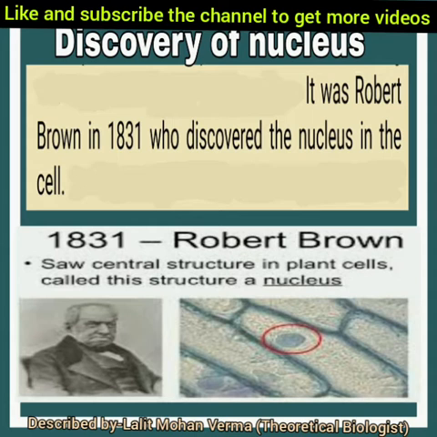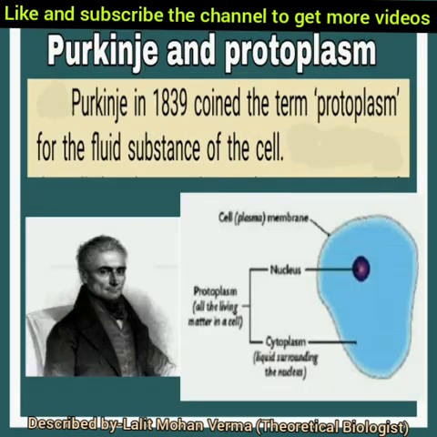Purkinje in 1839 used the term protoplasm for the living substance present inside the cell, and Huxley called it the physical basis of life. Keep in mind these two scientists, students. First one is Purkinje, who in 1839 coined the term protoplasm for the fluid substance of the cell.